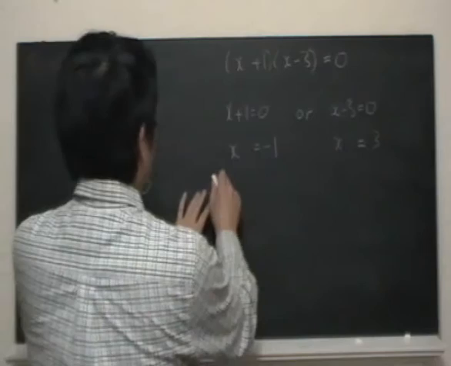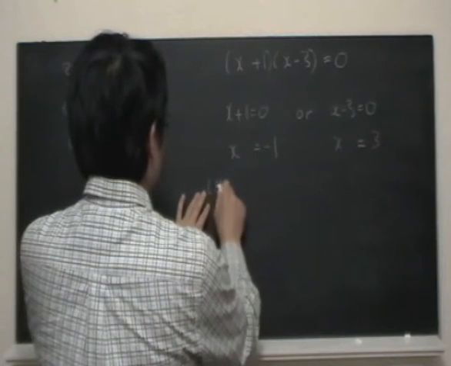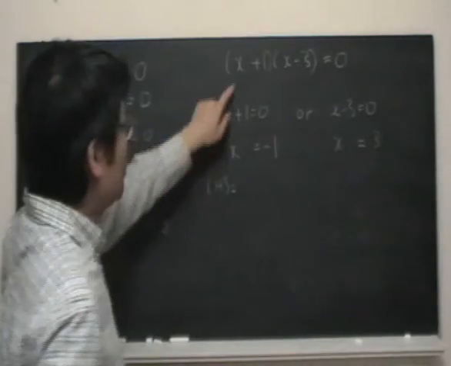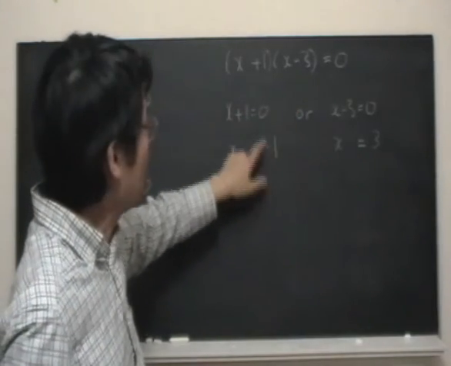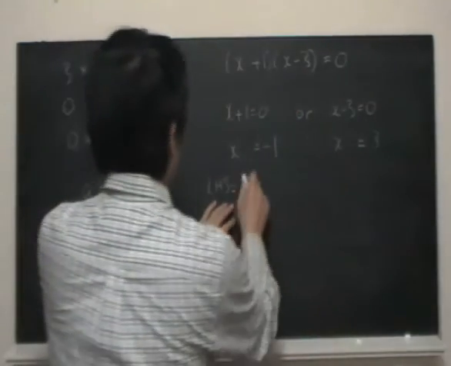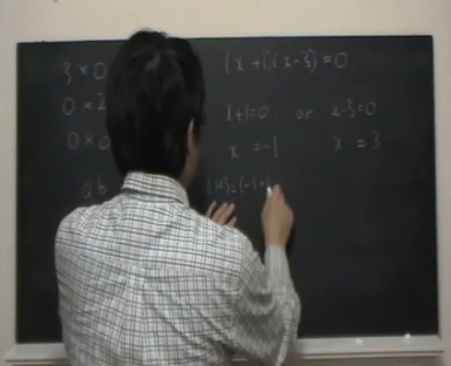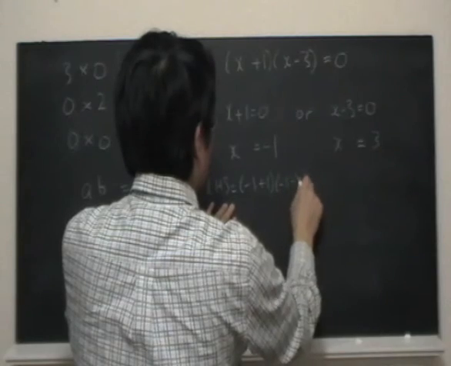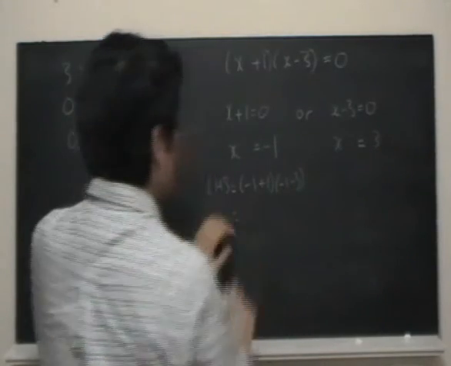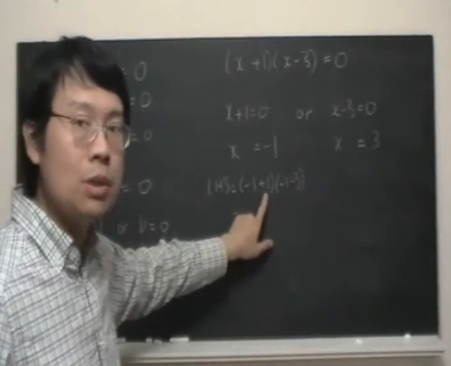I will get on the left hand side, we have these two brackets. If I substitute x equal to minus 1 in there, I get minus 1 plus 1. Minus 1 in there, I get minus 1 minus 3. So minus 1 plus 1 is 0.